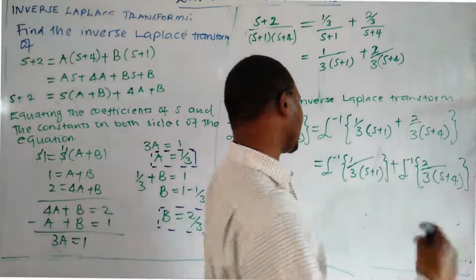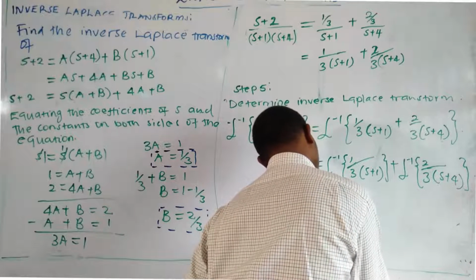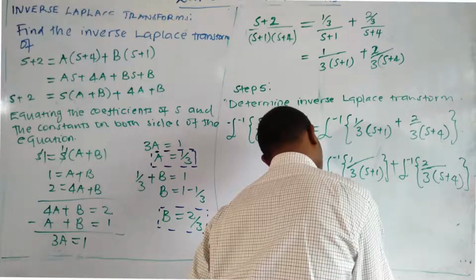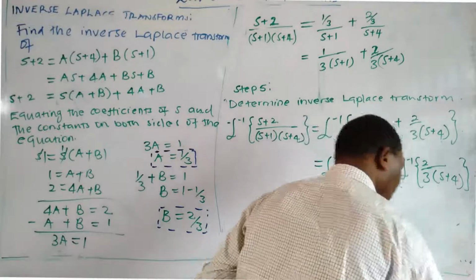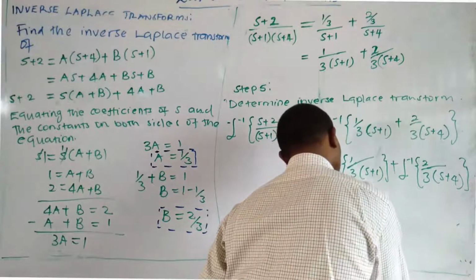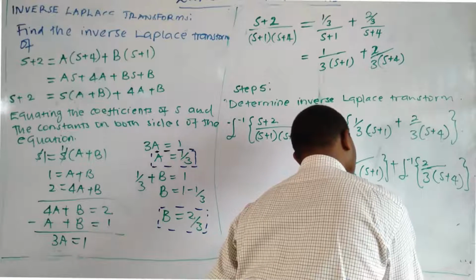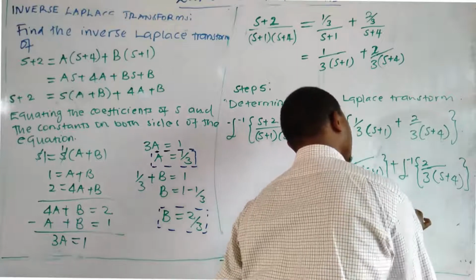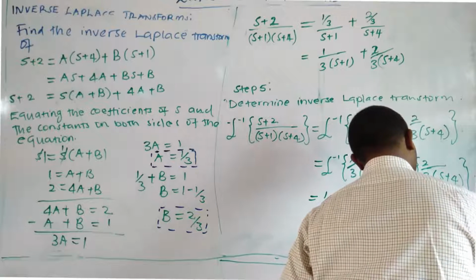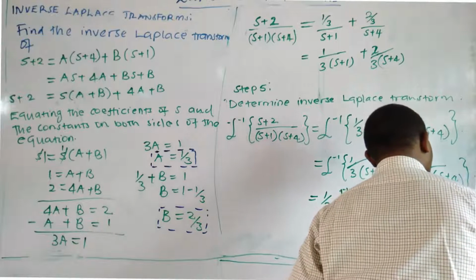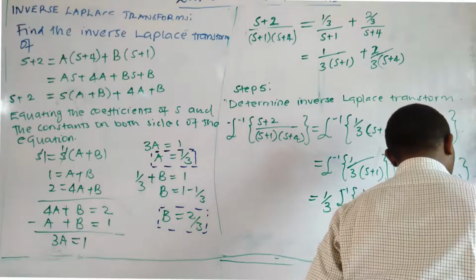We can get them outside the inverse Laplace transform symbol. You are getting one third times the inverse Laplace transform of 1 over s plus 1, plus two thirds times the inverse Laplace transform of 1 over s plus 4.